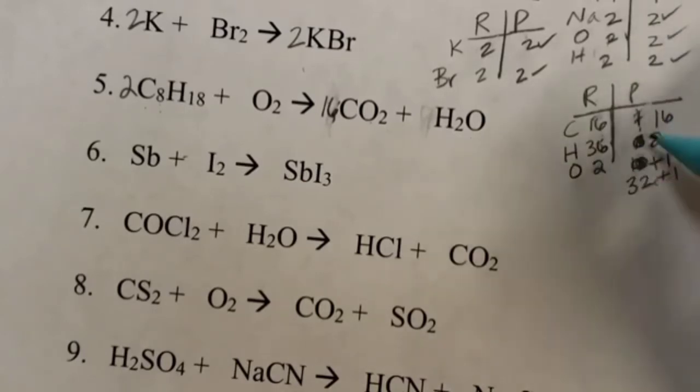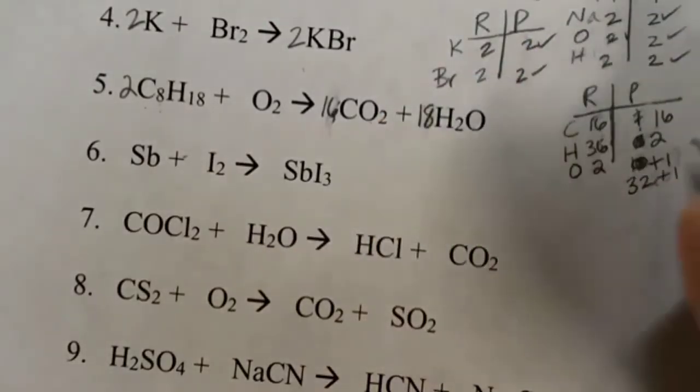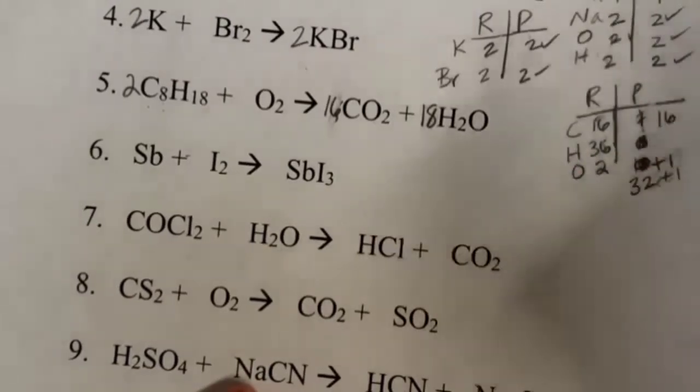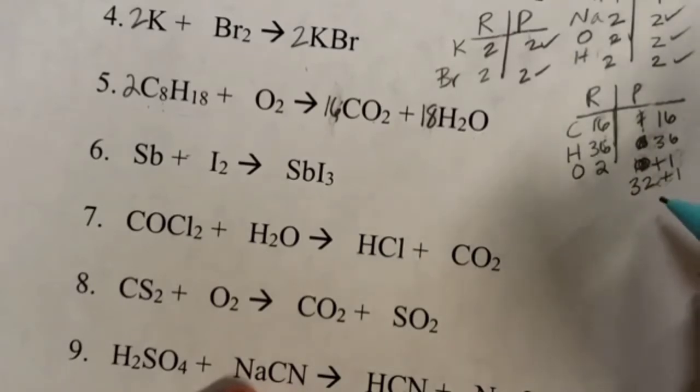Okay, hydrogen's 36. 36 divided by 2 is 18. So now I have 18. Which gives me 36. Okay, and then that also gives me plus 18.